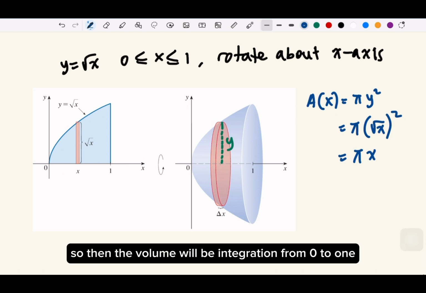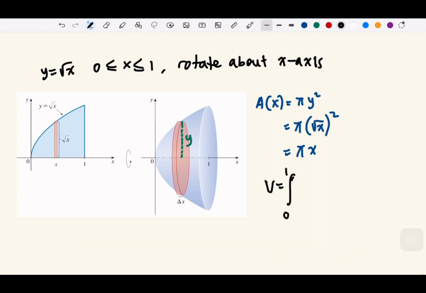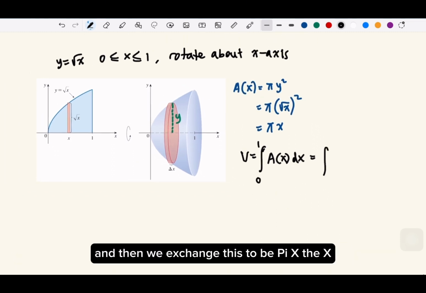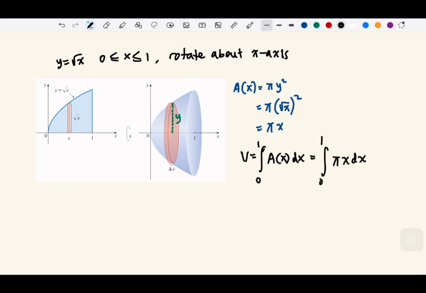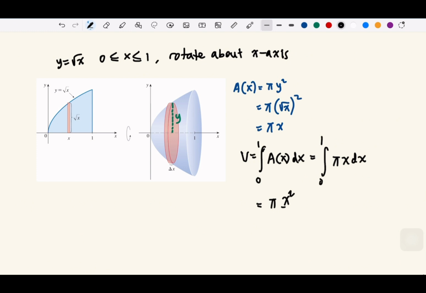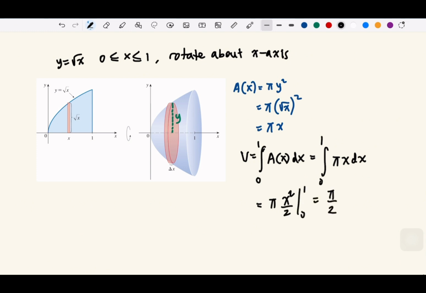Then the volume will be the integration from 0 to 1. You can write this first to give you the idea, and then we exchange this to be pi x dx. And then we could just write directly that this will be equal to pi over 2.